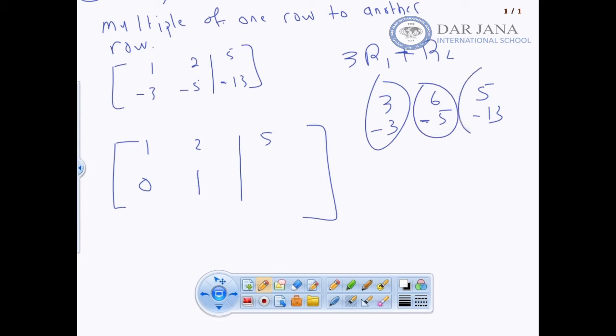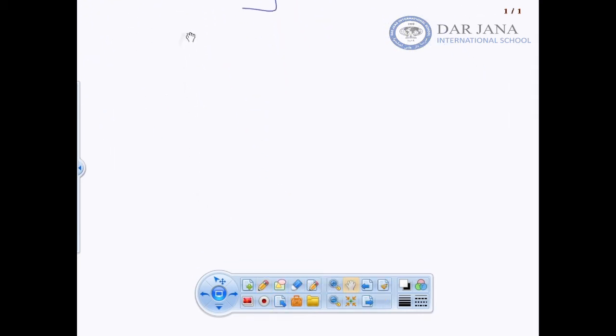And 15 plus -13 is going to be 2. So also these two matrices are equivalent. We are going to use this operation throughout the lesson to solve systems of linear equations.